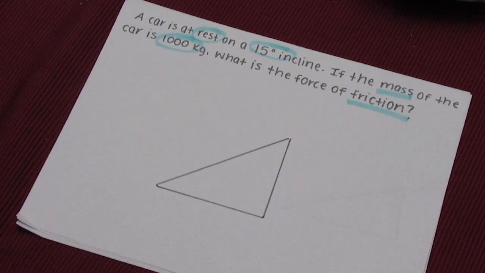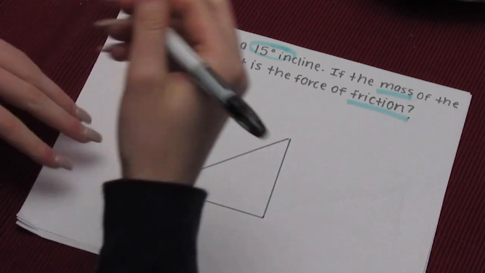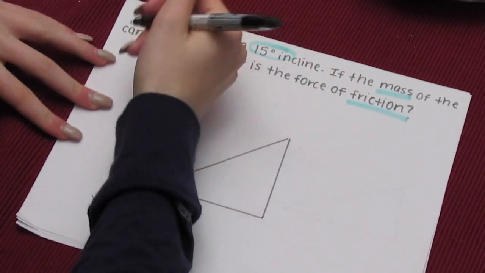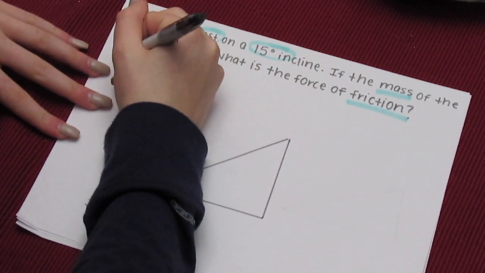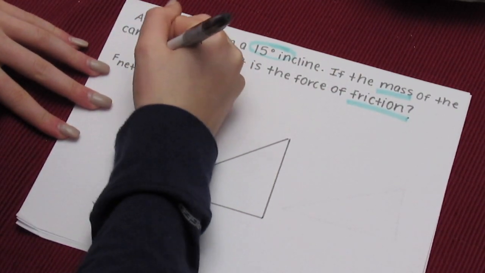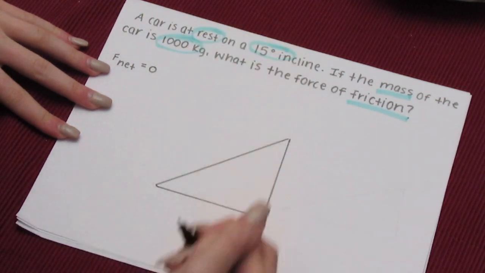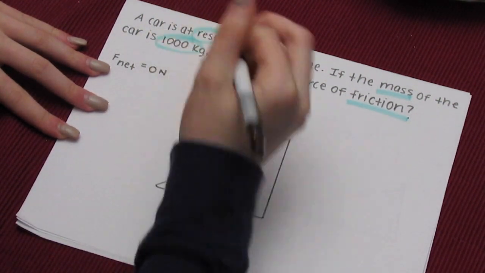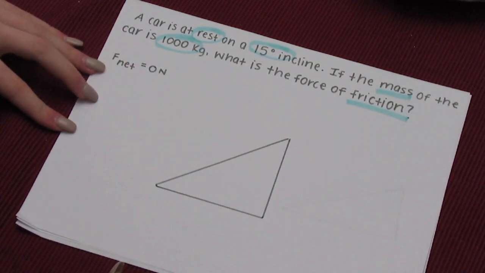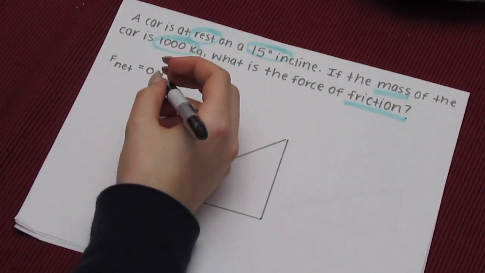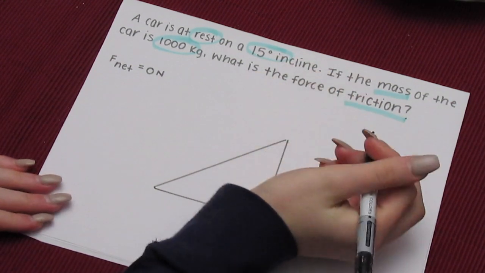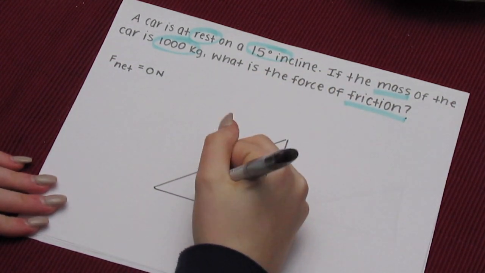So I'm going to write out my knowns and unknowns. So F net equals 0 because it is at rest. So F net is 0 newtons. Your incline is 15 degrees, so you can draw that on your diagram.